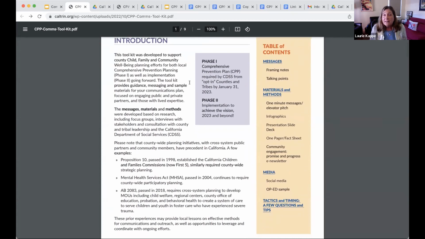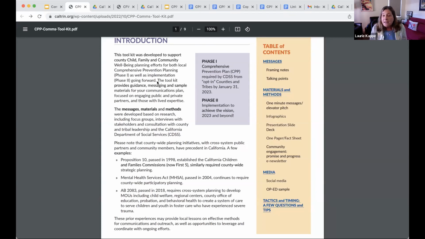When I got the assignment to create this, one of the things that I said is I want to do a toolkit where we're not necessarily teaching you to fish, but we're giving you the fish. So in this toolkit, we have a lot of what I would call plug and play. I'm mixing my metaphors, but you get what I'm saying. Things that you can take and just adapt for yourself. So you don't need to spend 3 decades working in communications like I did. Just take these tools and adapt them.